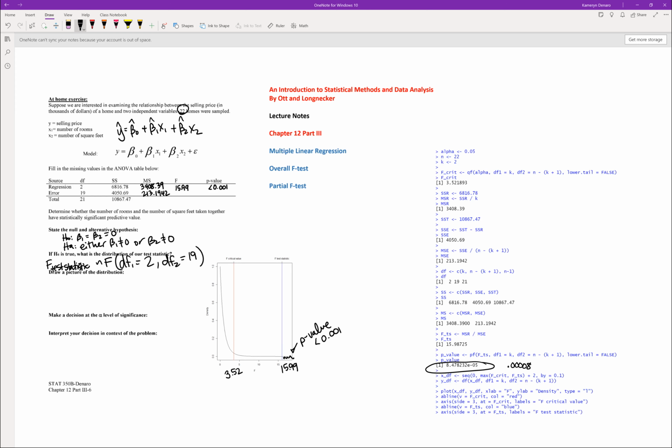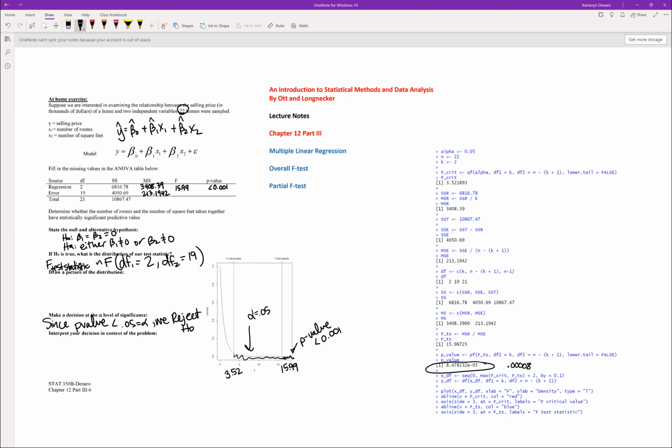And the alpha level, which is associated with the critical value, was equal to 0.05. Okay, so since our p-value is less than 0.05, which equals alpha, we reject H0.